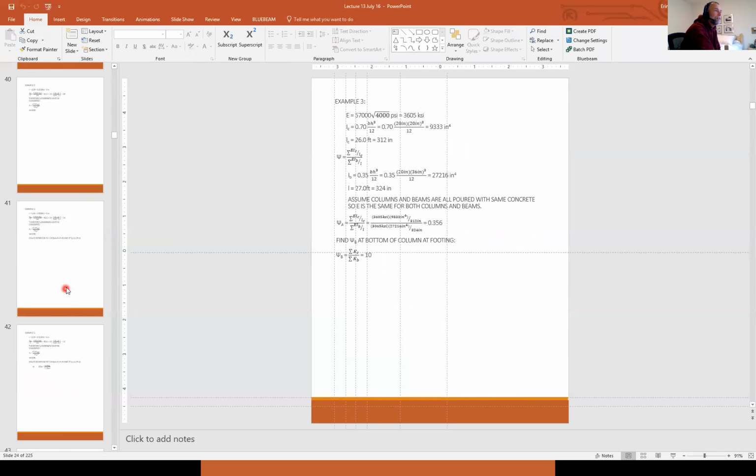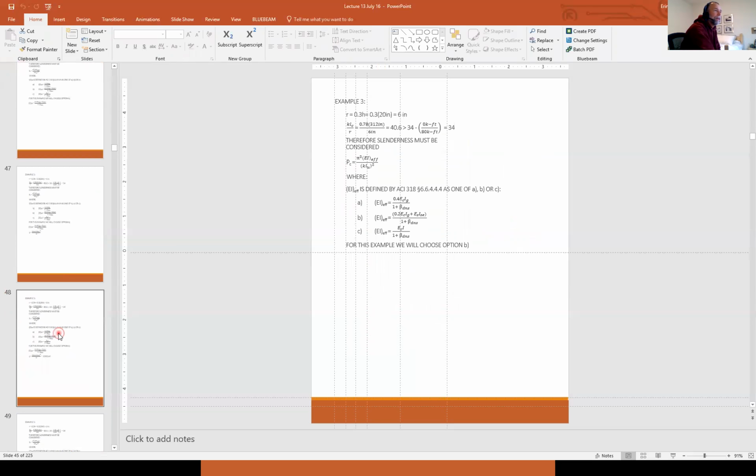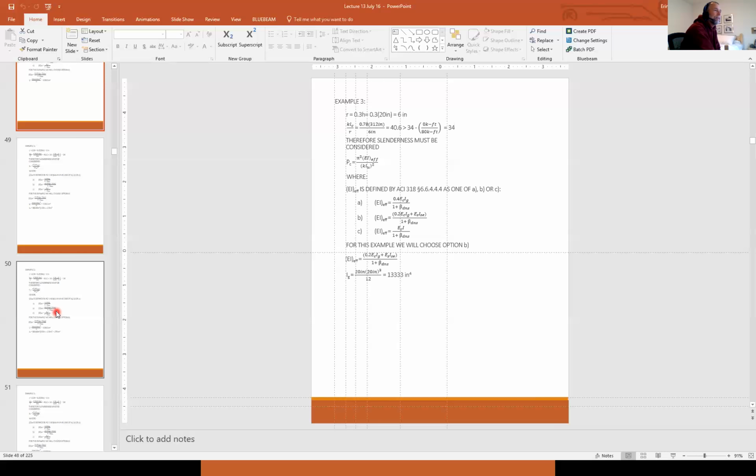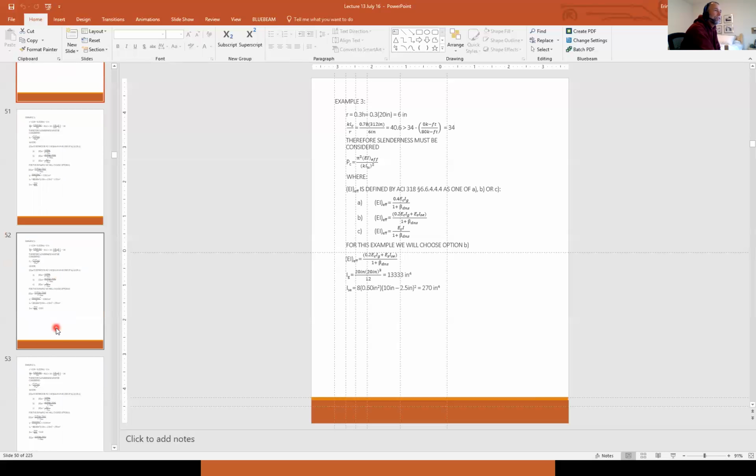It was down here, right in here. So close. Okay, so beta DNS is the sustained axial load over the total axial load. But in the sway column, example number 4, it's the sustained shear over the total shear.